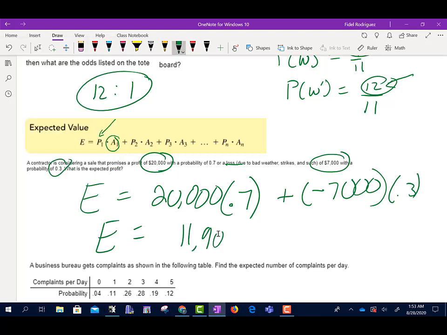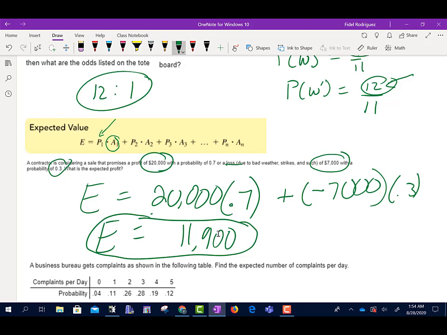So to explain what this means, if we were to, over the long run, try to make this deal, say every month for a year, on average, there are going to be times when we make money and times when we lose money.